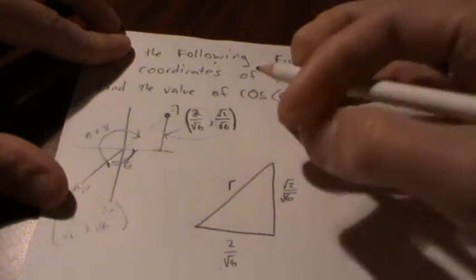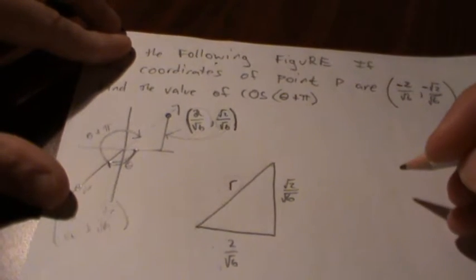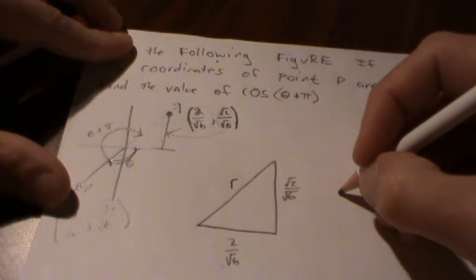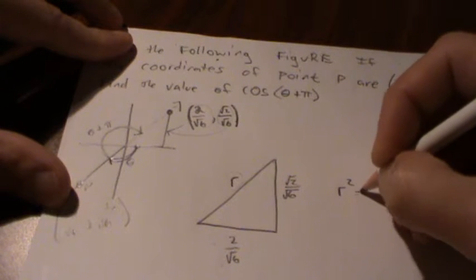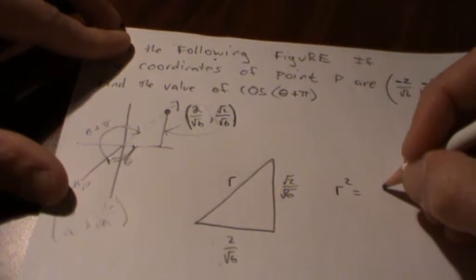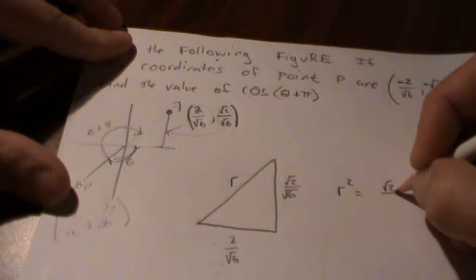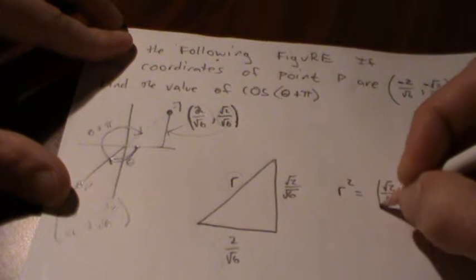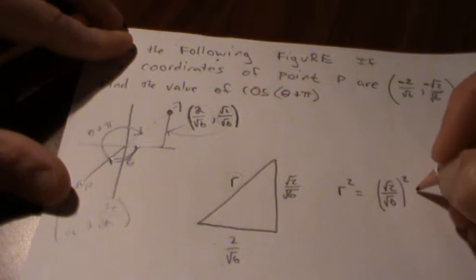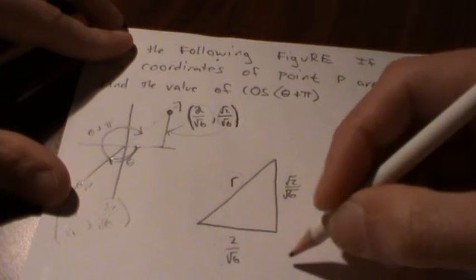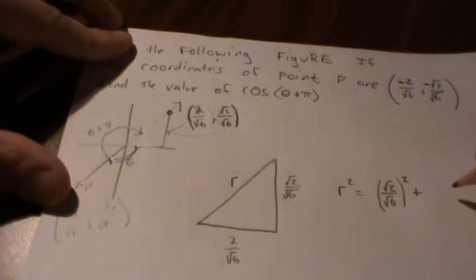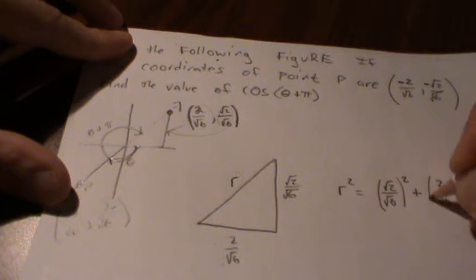And so if I want to find the radius, I say that the radius squared is equal to this squared, or square root of 2 over square root of 6 squared, plus 2 square root of 6 squared.